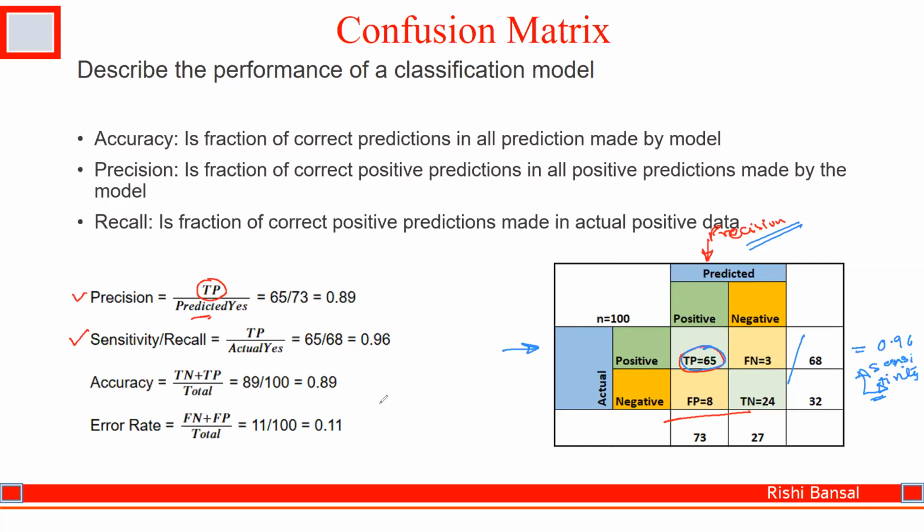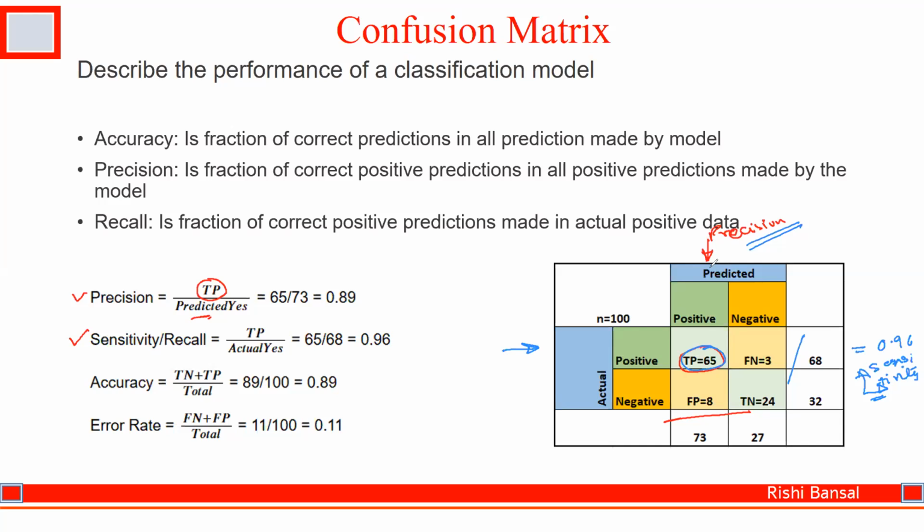So 68 by 65 into 100, how much is it coming? See, total actual positive is 68, but my prediction is 65. So 68 by 65 into 100, right? That is also the same, right?